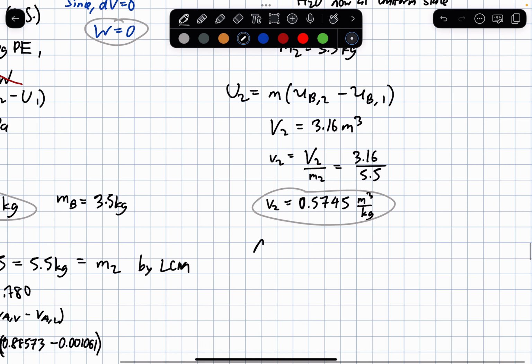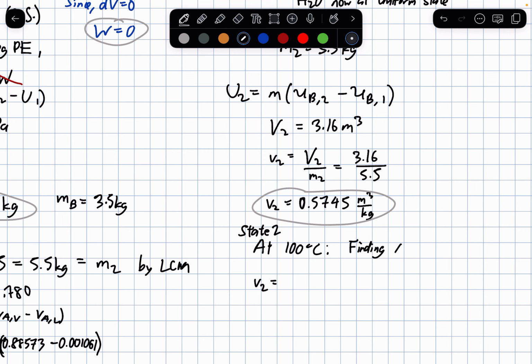So at 100 degrees Celsius, no? Let's go to 100 degrees Celsius, specific volume. We'll find the quality. Oh yeah, v sub 2, 0.5745.